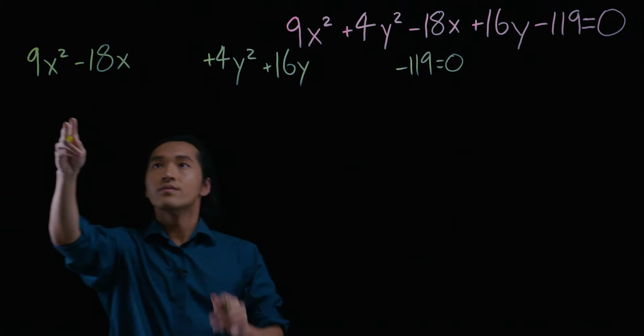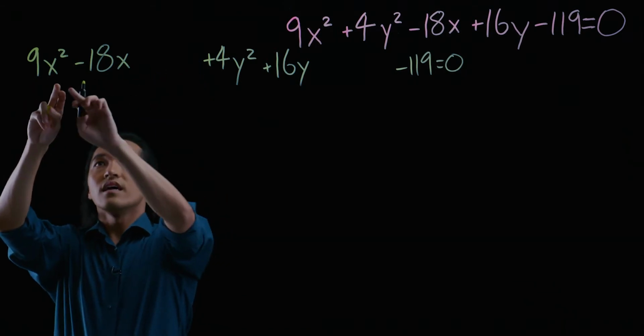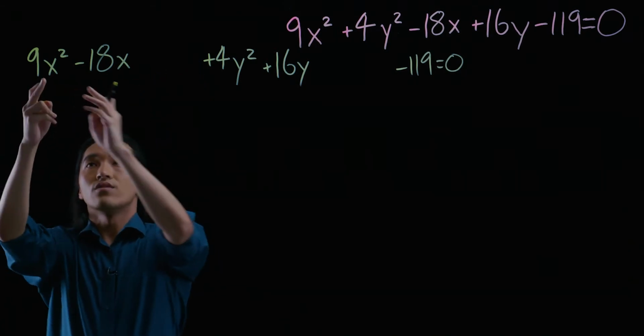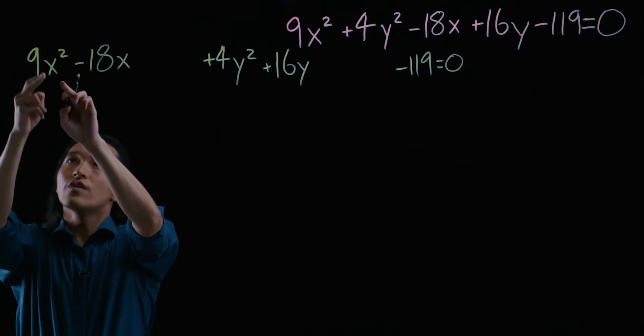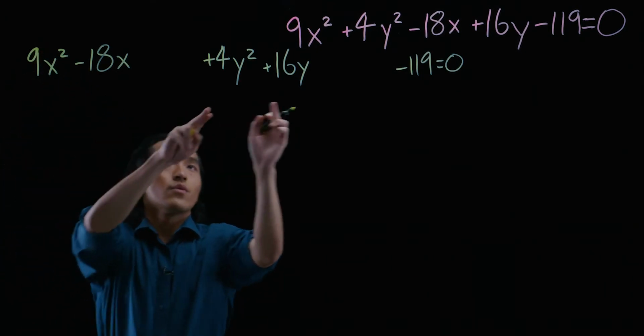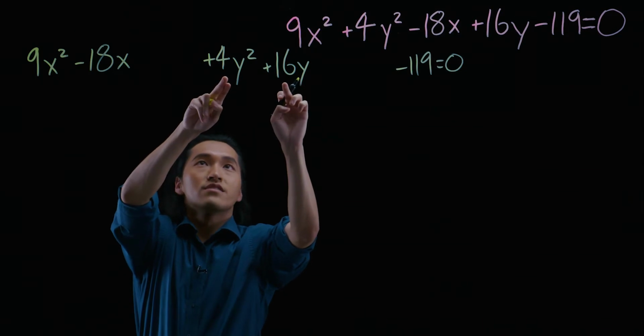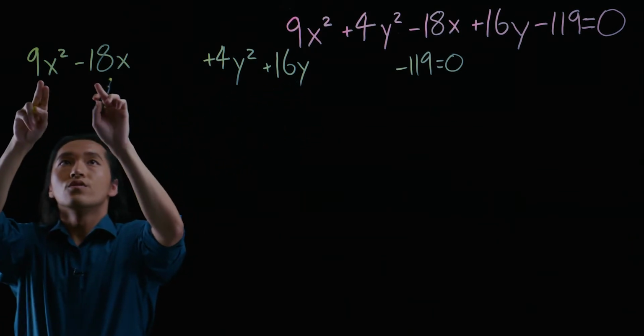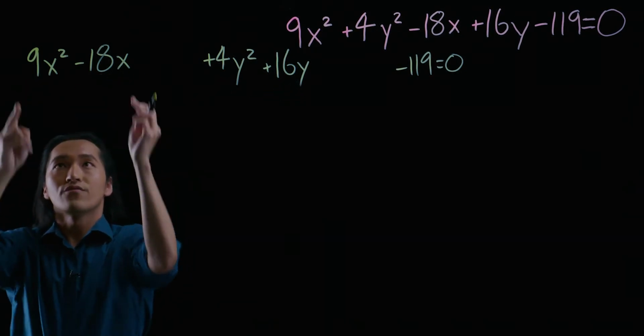Cool. So then we can look at this and factor out a 9, so that we can remove this 9 from the coefficient of x. Meanwhile, for the y's, we can factor out a 4 since there's a common factor of 4 here. Because these two have a common factor of 9, we can factor out the 9.